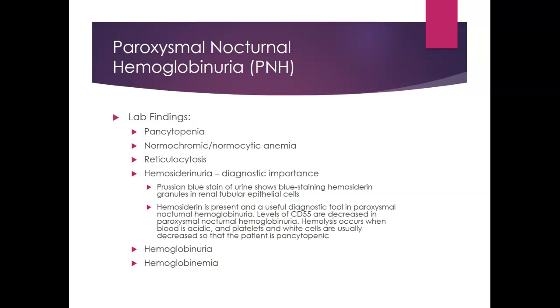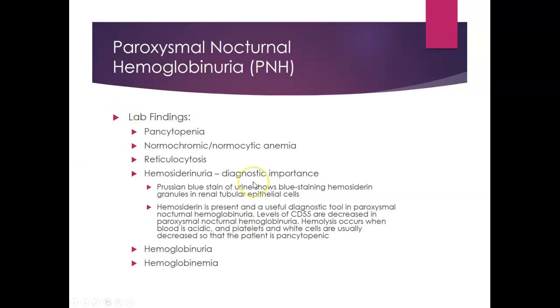With lab findings, we have pancytopenia, normochromic normocytic anemia, reticulocytosis, and hemosiderinuria, which is of extreme diagnostic importance. We do a Prussian blue stain of the urine, which will show blue-staining hemosiderin granules in the renal tubular epithelial cells. Okay, so that would be very diagnostic of this.